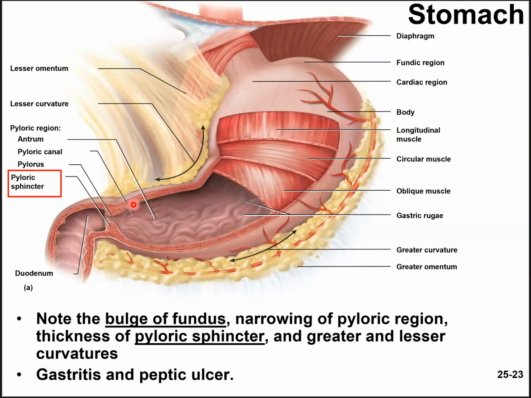Now the very important muscle at the bottom is called the pyloric sphincter. This smooth muscle is a junction between the stomach and the duodenum. The duodenum is the first region of the small intestine.